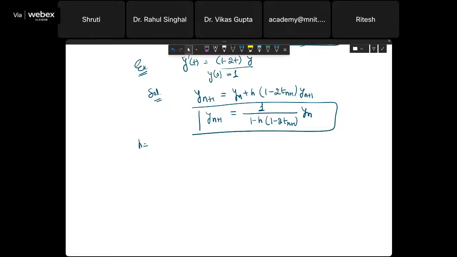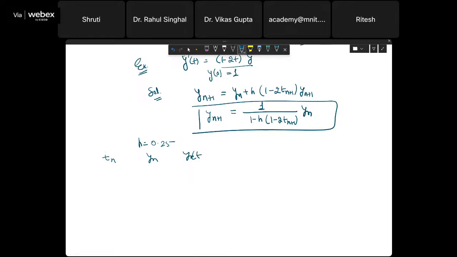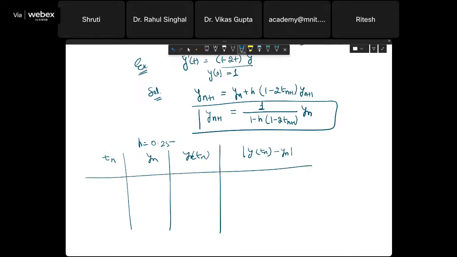And if you get the solutions for h equal to 0.25, again you will calculate tn, y approximate, and y actual, and then the difference. So when we list them, what we observe is there is a slight improvement in the error, otherwise it is similar.